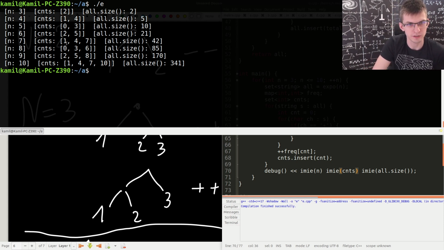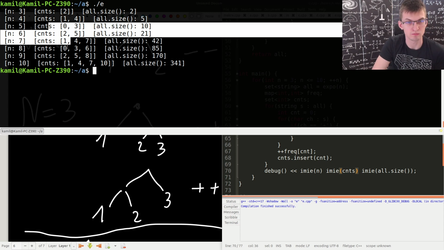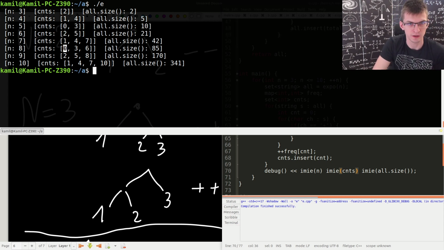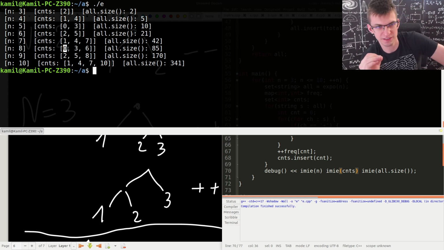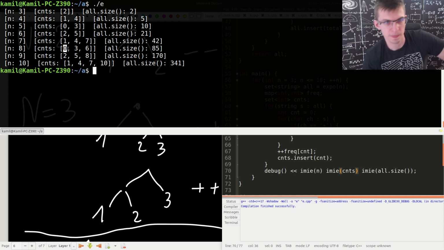So n modulo 3 is important, apparently. For 8 it's this, the number of pluses modulo n, like for 8 it's 0, then 2, then 1. So for example, I can say that the number of pluses plus the number of n's plus 1 must be divisible by 3.